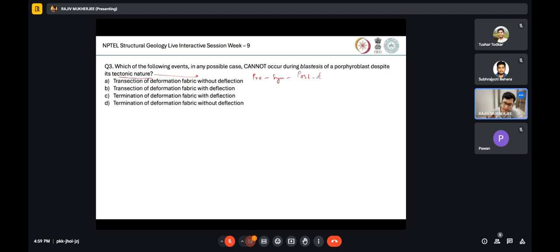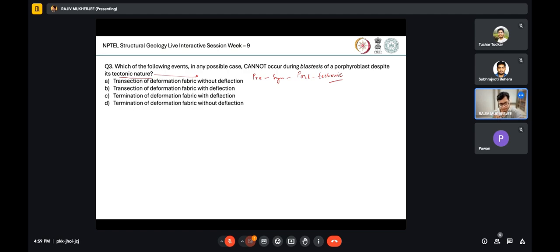Is it pre, syn, or post? That is defined through the term tectonic nature. So transection means it is cross-cutting the deformation fabric.